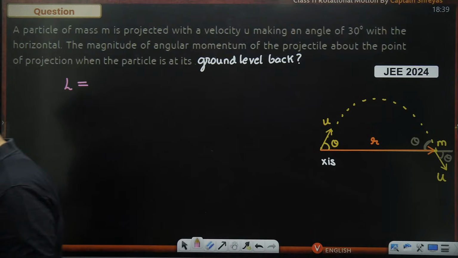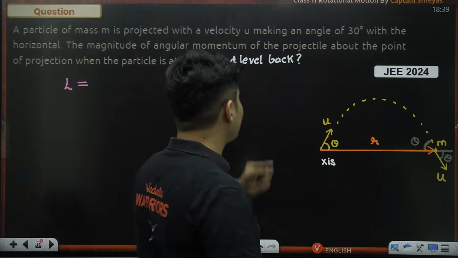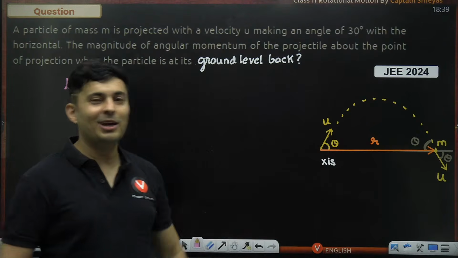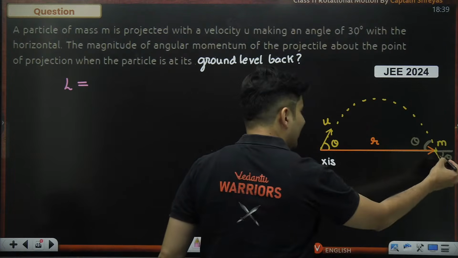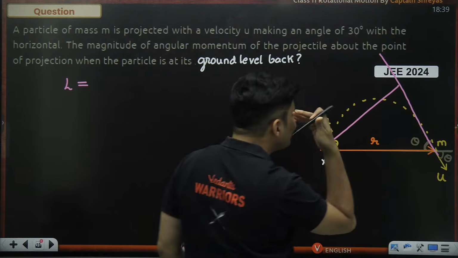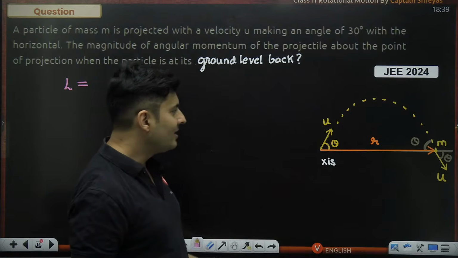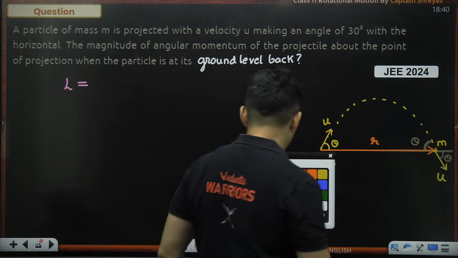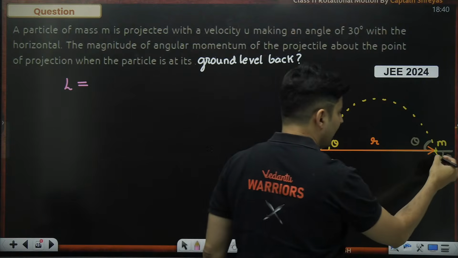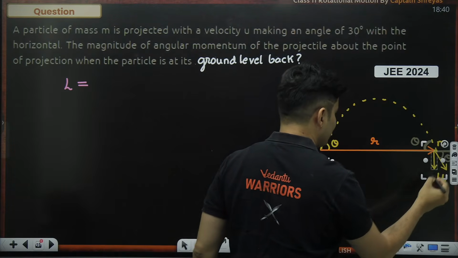Yes, very good, Sarvesh. R into P perpendicular. Why will I now extend this and drop a perpendicular, which is crazy to find? Instead, I will just take the perpendicular component of that velocity, which will be like this.